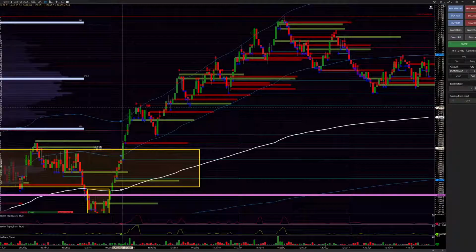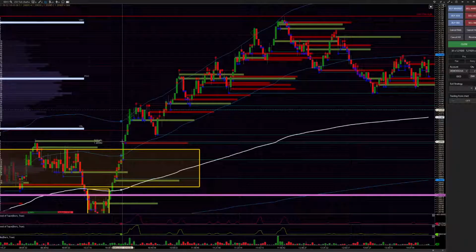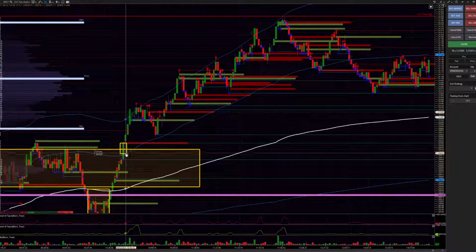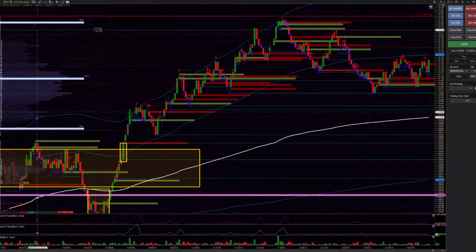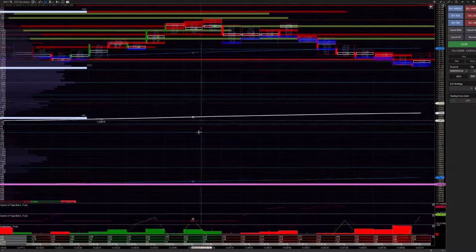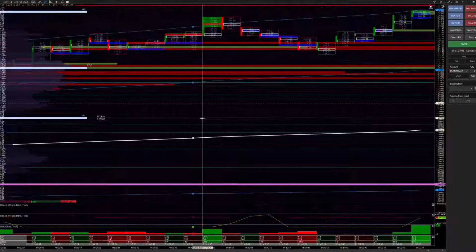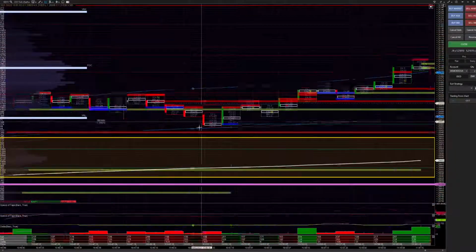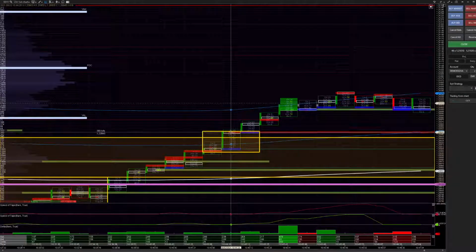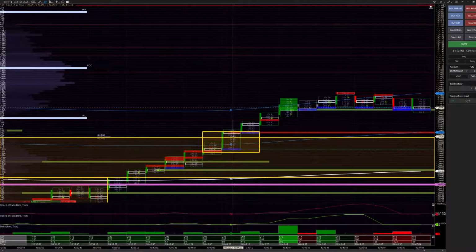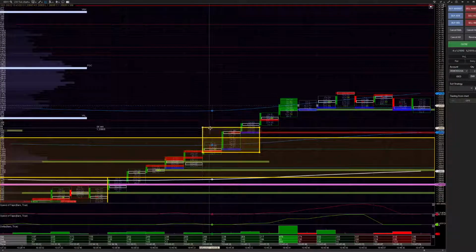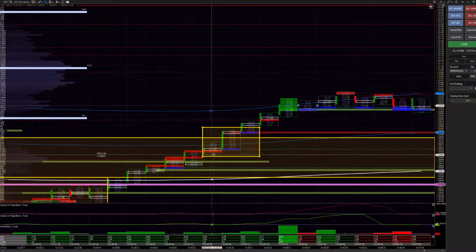So we can see, for example, if we analyze this candle we have right here, I just highlight it and go to clusters. Let's see what happened in that candle. We can see there were a lot of sellers at the top, which is normal because it probably hit some stop losses.